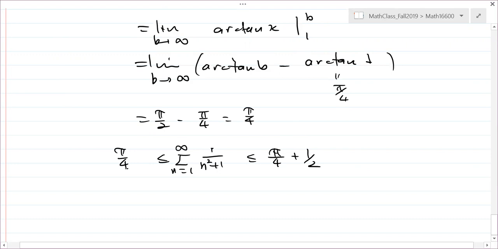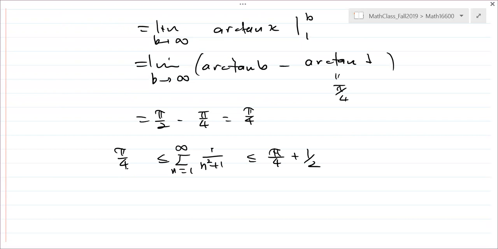We can tell this series is within those two numbers. However, the upper bound is smaller than 1, so the estimate is not that great. The gap is pretty large, it's 1/2.